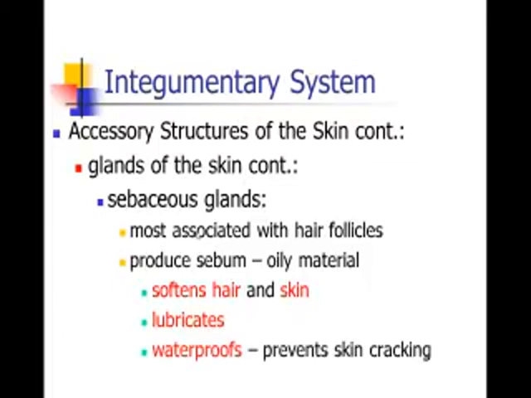It waterproofs. We're all aware that oil and water don't mix very well, so it prevents the skin from cracking and drying out. And it's bactericidal. And that's always beneficial, because obviously the surface of your skin is an area where you could be exposed to bacteria, and if you can prevent them from entering your body, that would be a good thing.